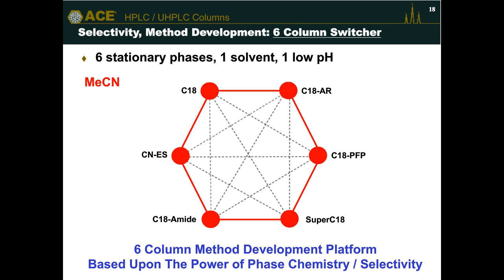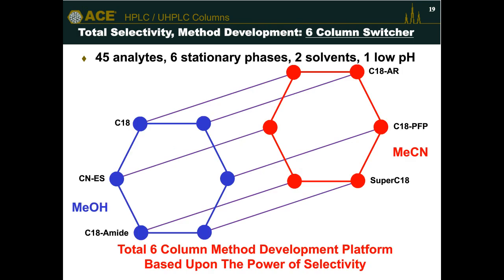Now, normally, and what we do in my laboratory is we actually have a solvent switcher and a column switcher, so we're able to use 6 different column chemistries and also 2 solvents as part of our screen. So we have the 6 different ACE chemistries, but we also have the protic solvent methanol and the aprotic solvent acetonitrile as part of our screen.